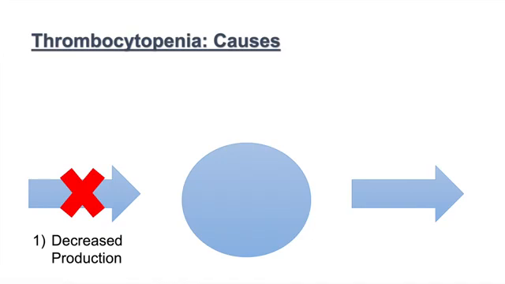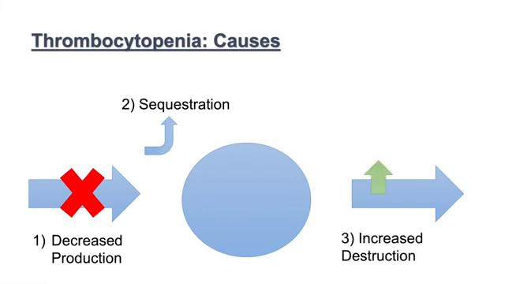Now, before the thrombocytes can reach the available pool of thrombocytes in our schematic here, they can be rerouted and sequestered. And sequestration is the second category of causes of thrombocytopenia. Sequestration basically means that the platelets are being absorbed by something else, and we'll talk about what that is in the next couple slides.